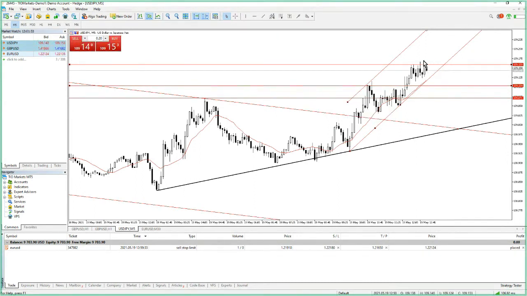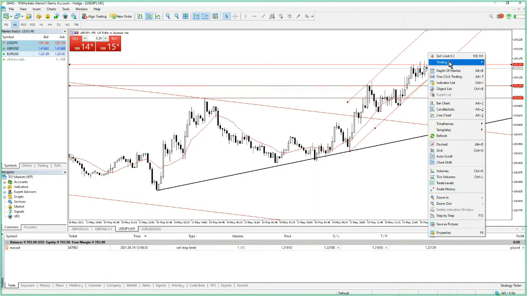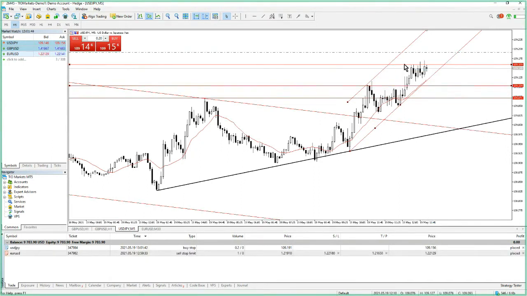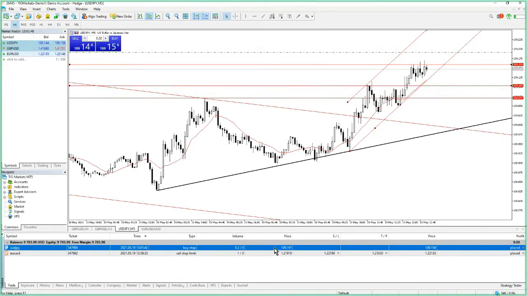So that is very, very simple. You just go to the level where you want to be a buyer, right click on the chart, go to trading and choose buy stop. Now that order is down here. It is placed in the market, but there's no stop loss order. So there's two ways of adding the stop.